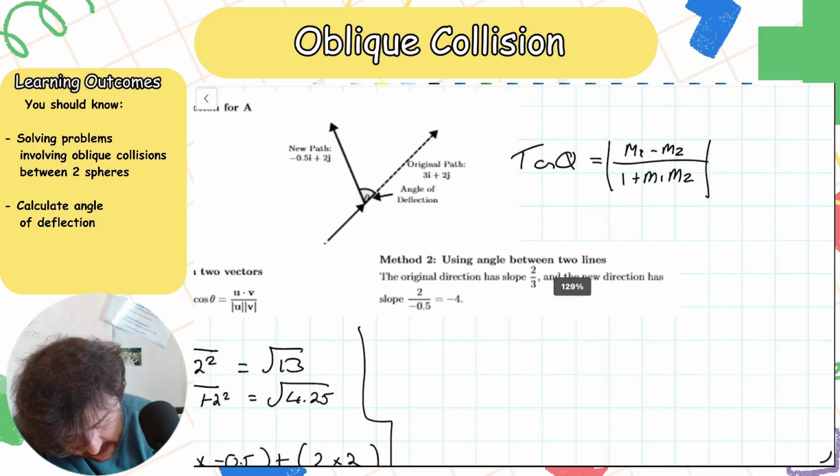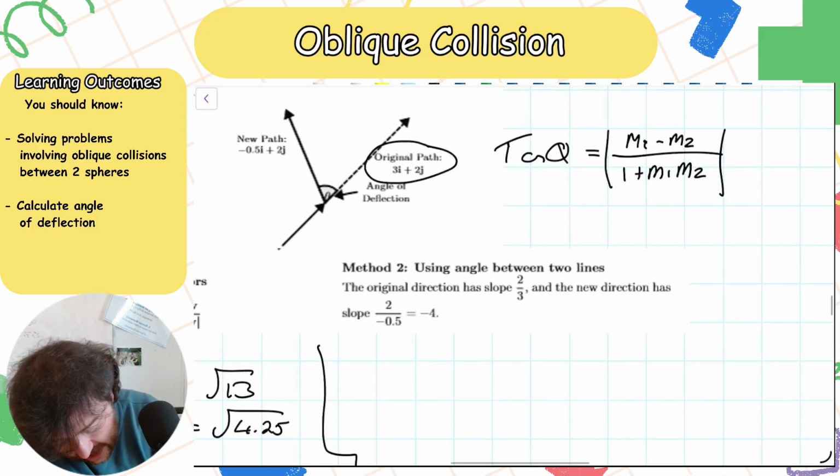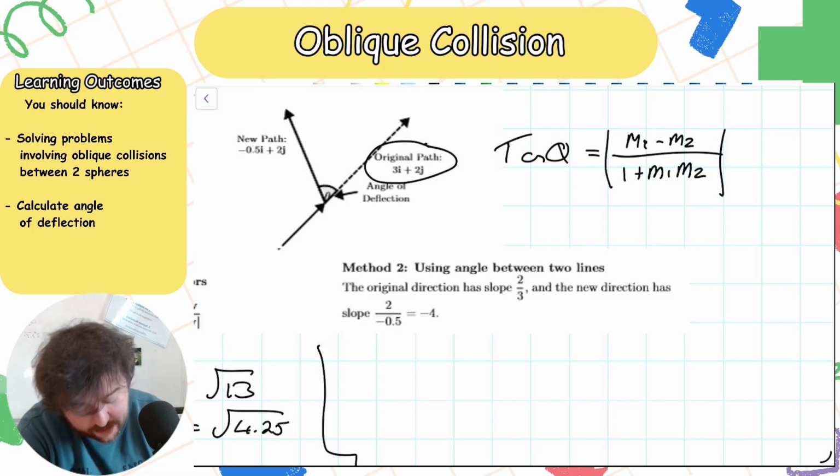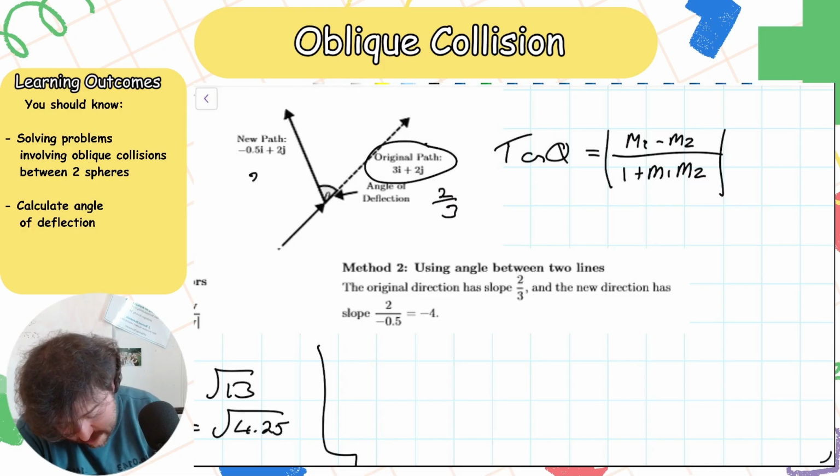So we need to calculate the slope of two lines. So my slope of this line is just going to be my j component over my i component, so 2 over 3. And then this one is going to be 2 over minus 0.5, which is minus 4.